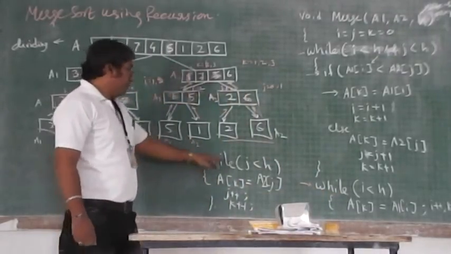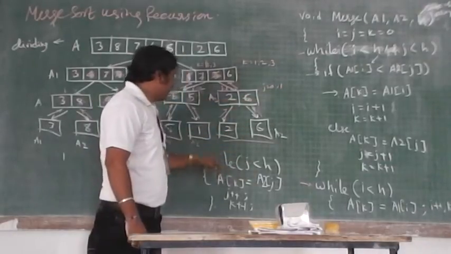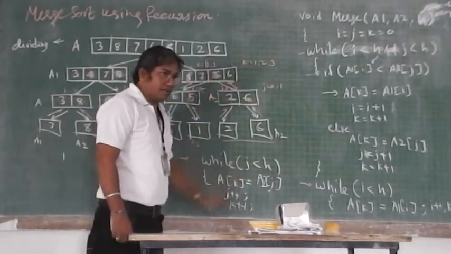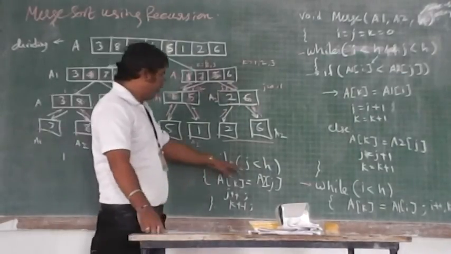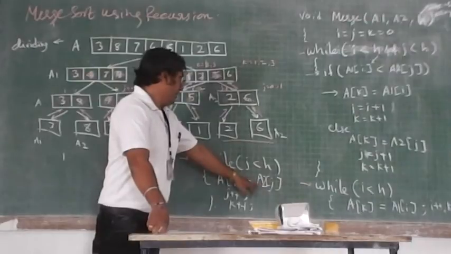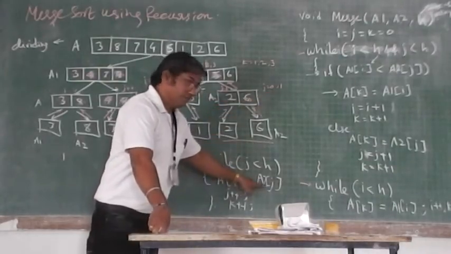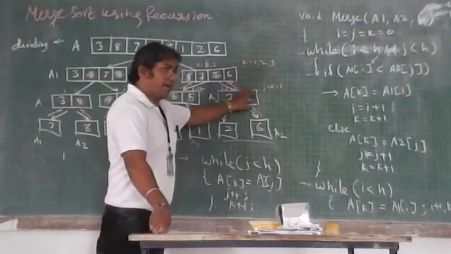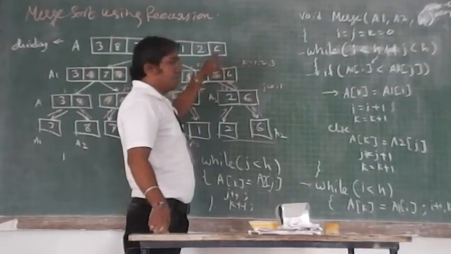Here we found that this while condition is true because J is 1. 1 is less than 2. So what did I do? A2[J]. What is the value of J? J is 1. Whichever elements are in the left array, I am pushing into its parent array.